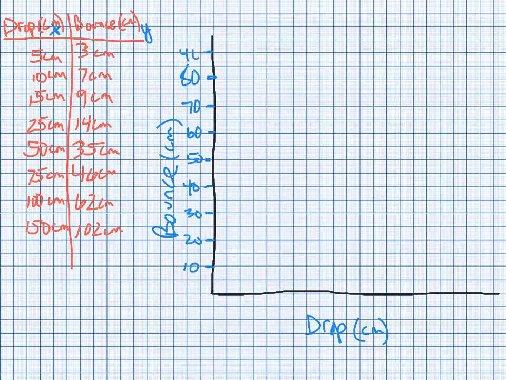And then 95 and then 100. And then I have to go a little bit above that with my last data point. All right, now for the drop axis, I have to get up to 150.